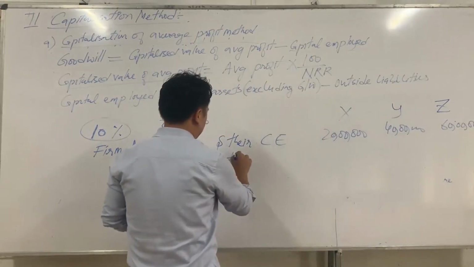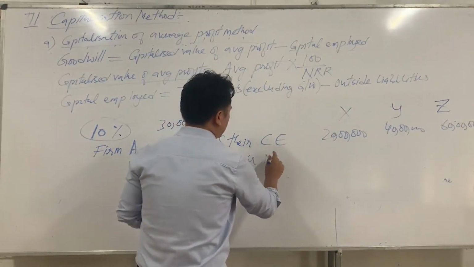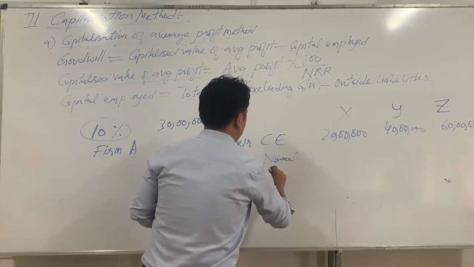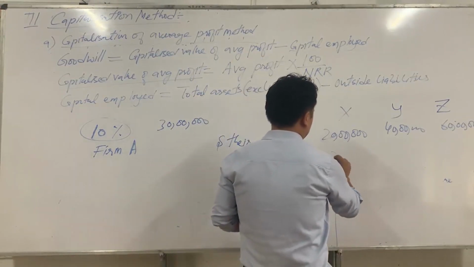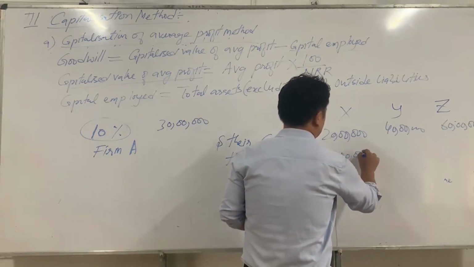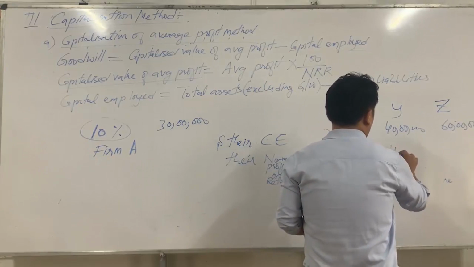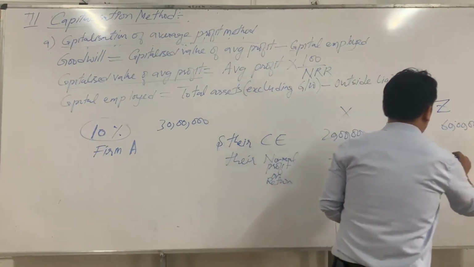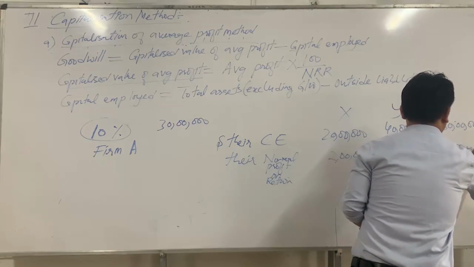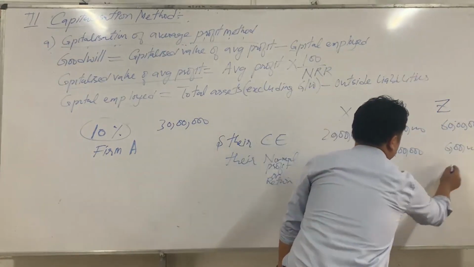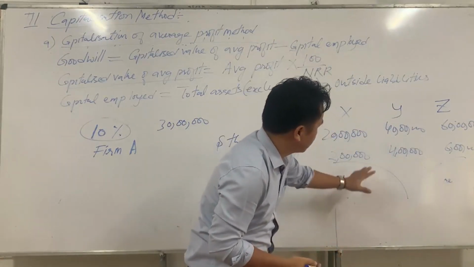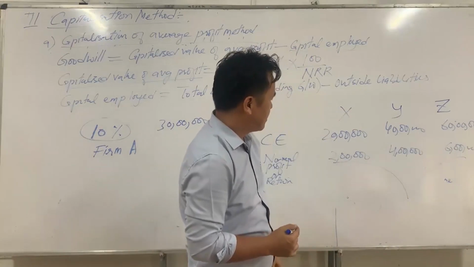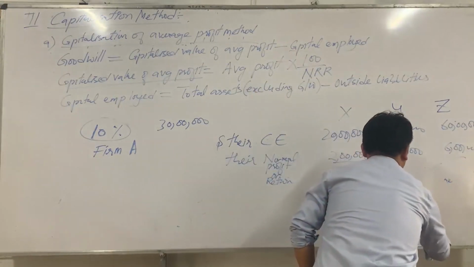And their normal profit or return of 2 lakh, 4 lakh and 6 lakh, which means the normal rate of return in this business is 10%.